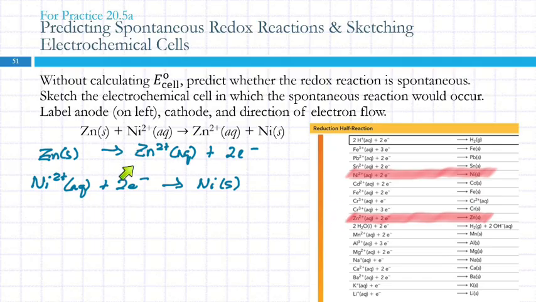Did the zinc flip? Yeah. So this is a spontaneous reaction. The guy on top stays the same. The guy underneath has to turn backwards. And that's what's going to be natural and spontaneous. So is it spontaneous? Yes, it is.